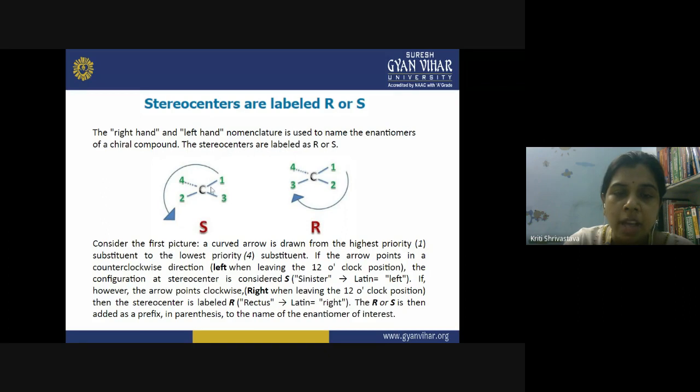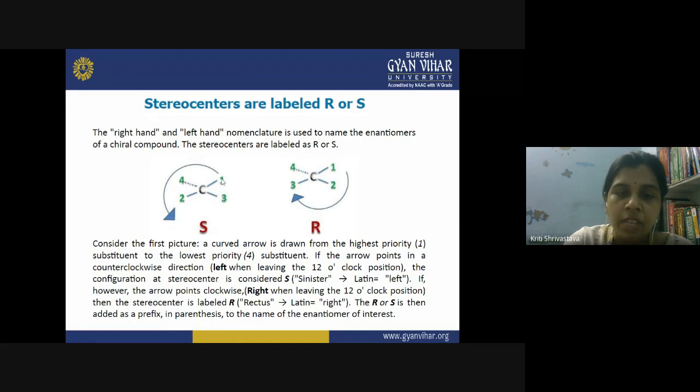The substituent having the highest priority will be given number one, then the second highest priority will be given number two, followed by number three and number four. Number four will be your substituent having the least priority. When you have assigned these numbers to all the four substituents present on the carbon atom, now you will check in which direction they are going.